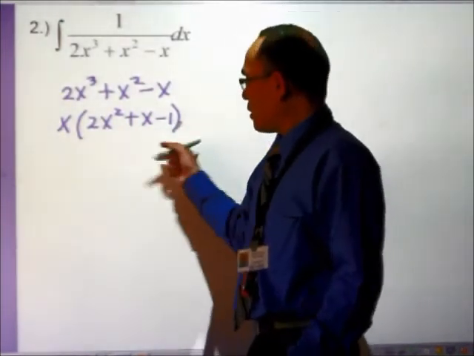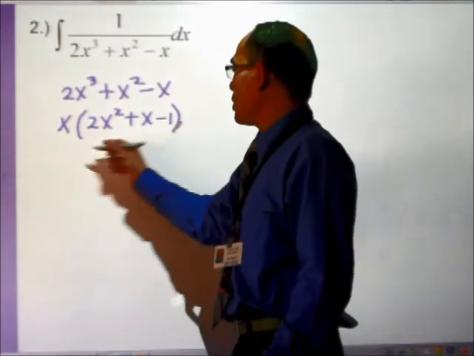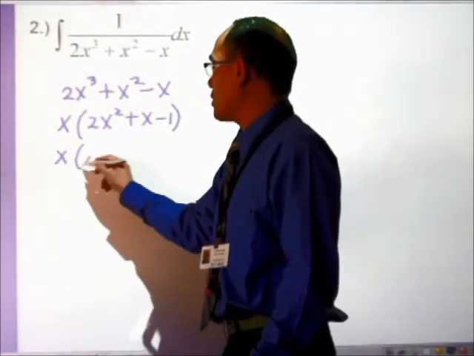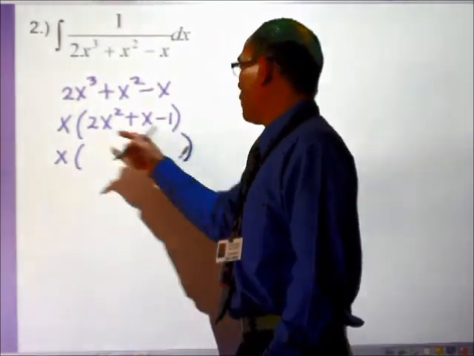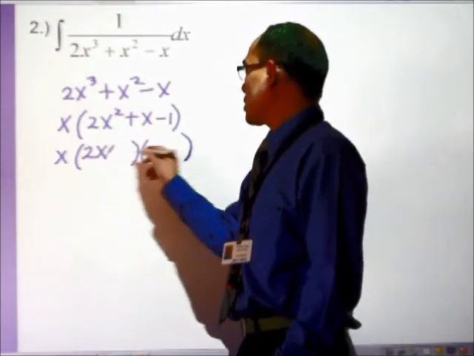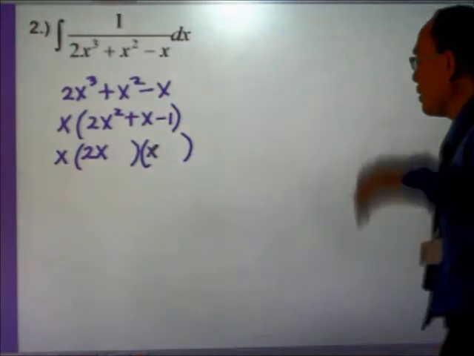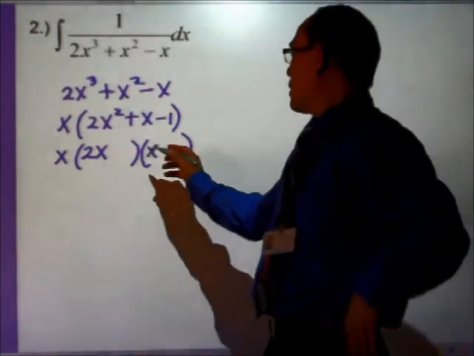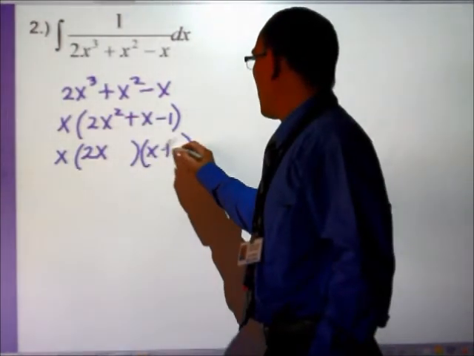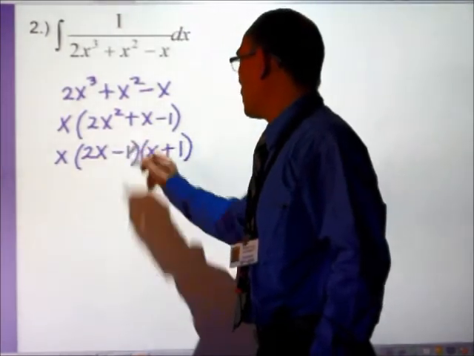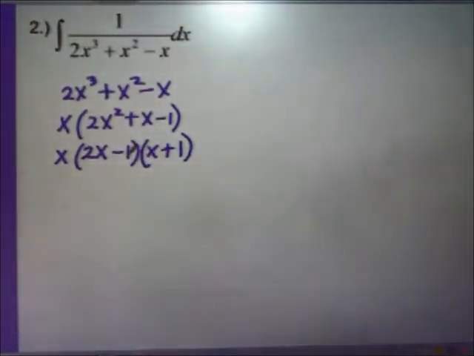And it looks like this quadratic trinomial here can still be factored. Okay, for 2x squared, it's going to be 2x and x. And now for factors of negative 1, that is plus 1 and negative 1. Okay? So these are the factors.